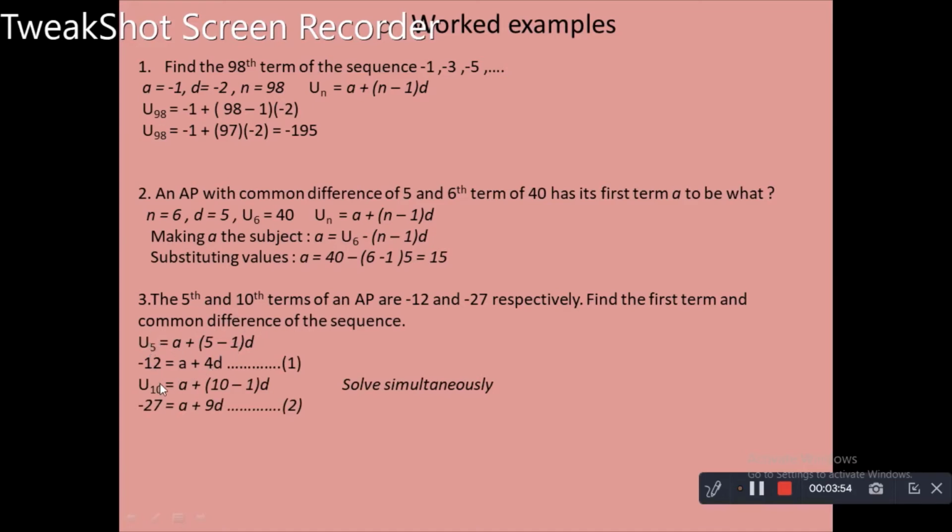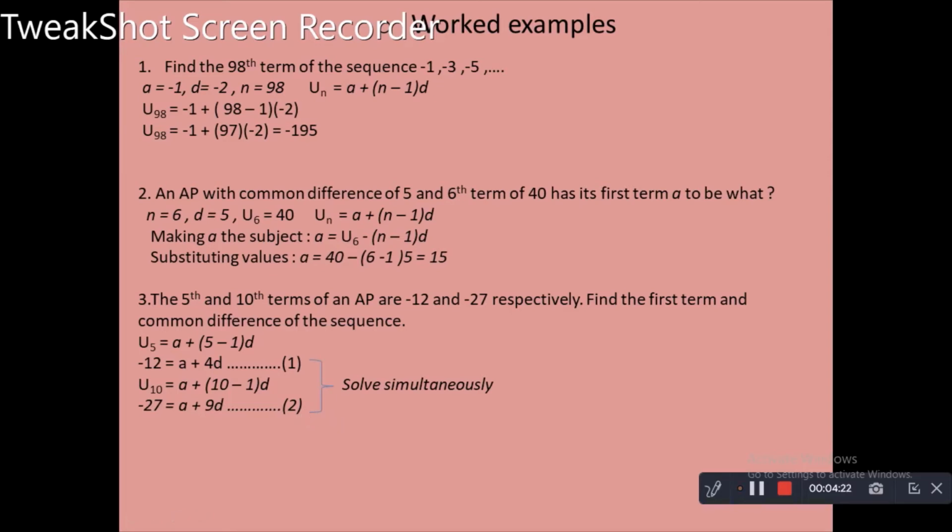So the fifth term is minus 12 and it's equal to A, which we don't know, plus now here 5 minus 1 gives 4 multiplying D, so 4D. That's our equation 1. Now the same method of substitution and simplifying can be applied to the 10th term, and we will get minus 27 to be equal to A plus 9D, which will be our equation 2.